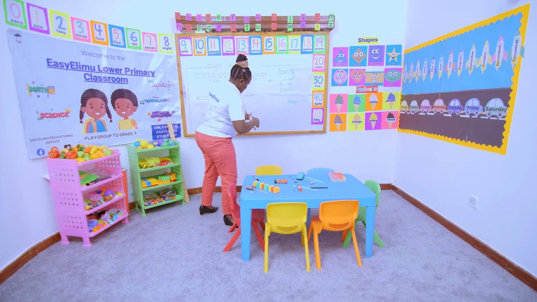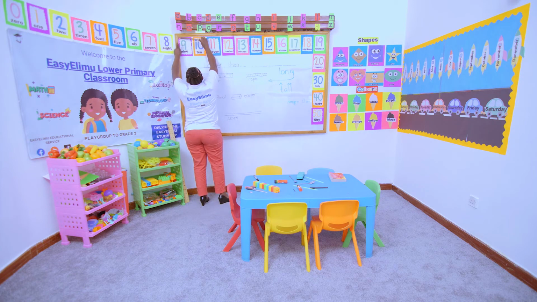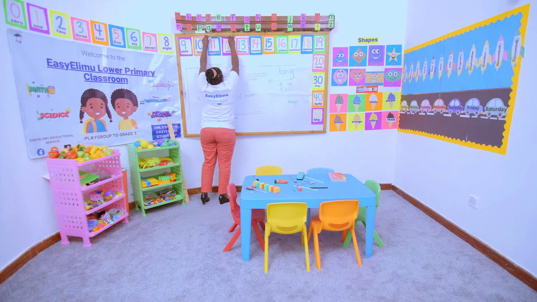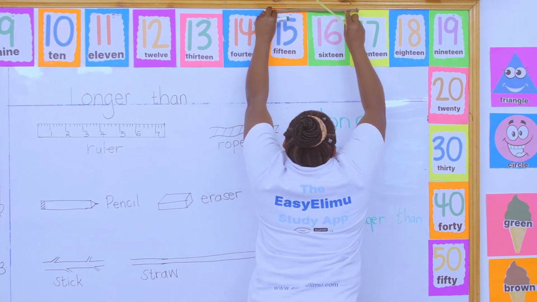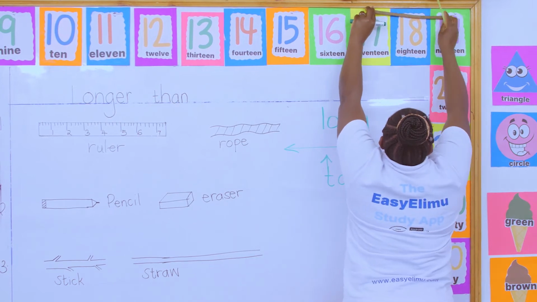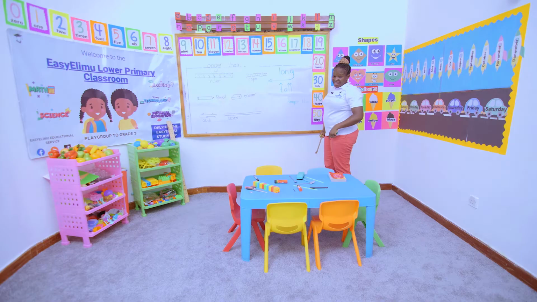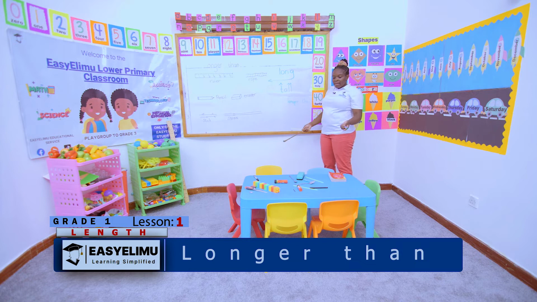But when I choose this stick and I want to measure this blackboard, let's see how long I will take. 2, 3, 4, 5. I've taken less than a second. Why? Because I chose the correct type of material to use when measuring.